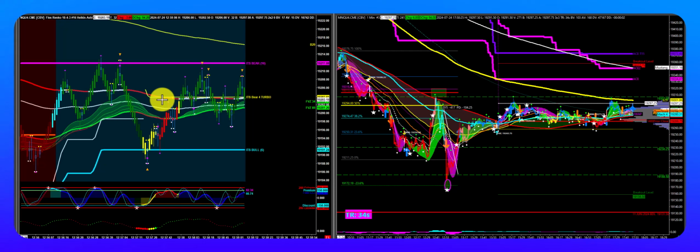shifting their risk management. The risk management means if you're trading minis, you go to either half-size minis, or depending on your account size, and this differs with everybody because it truly depends on your account size.